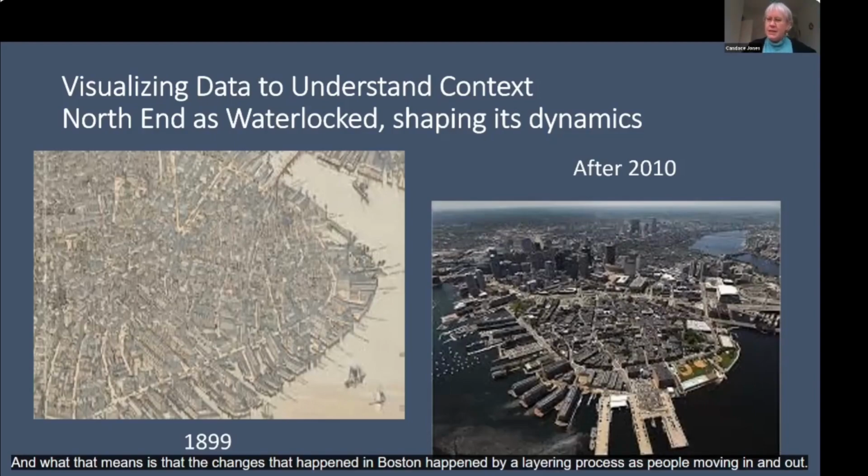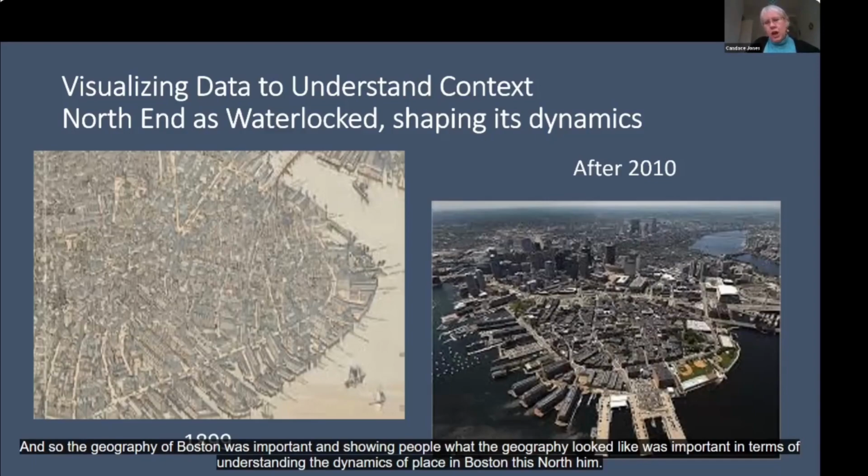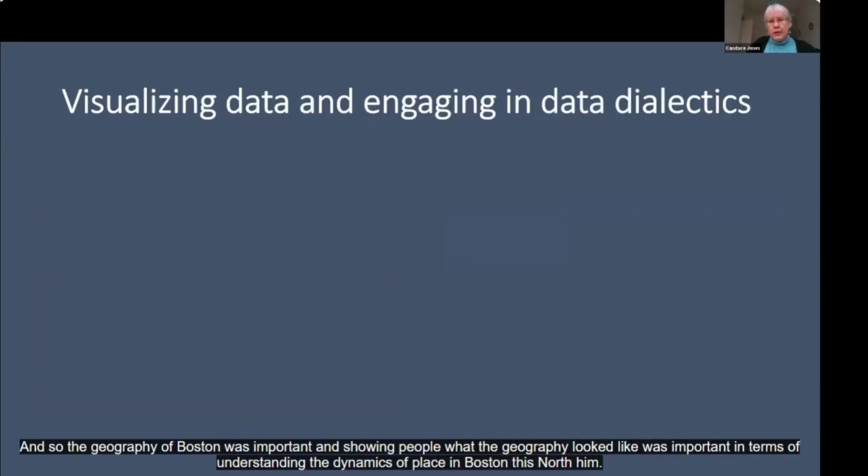And what that means is that the changes that happened in Boston happened by a layering process as people moved in and out. So the geography of Boston was important, and showing people what that geography looked like was important in terms of understanding the dynamics of place in Boston's North End.